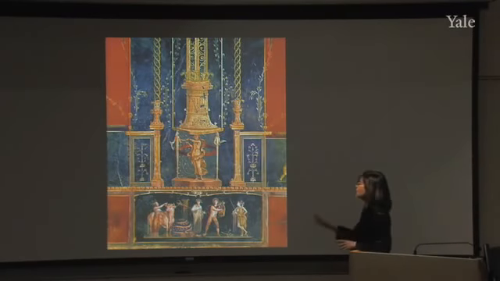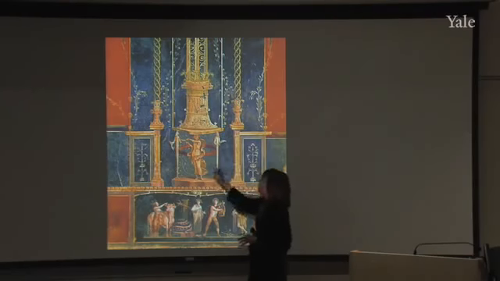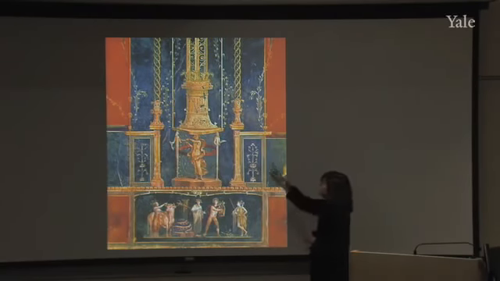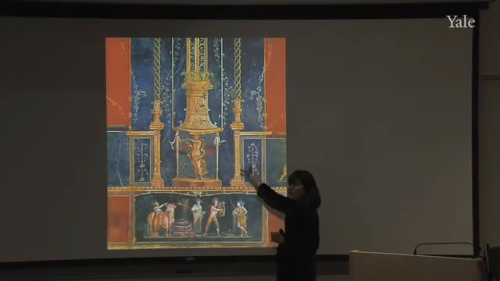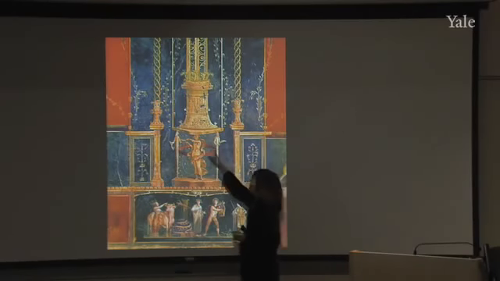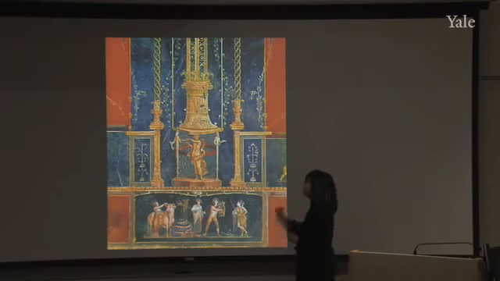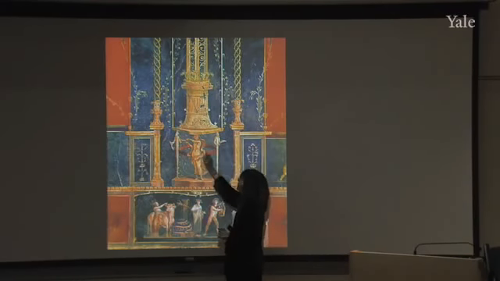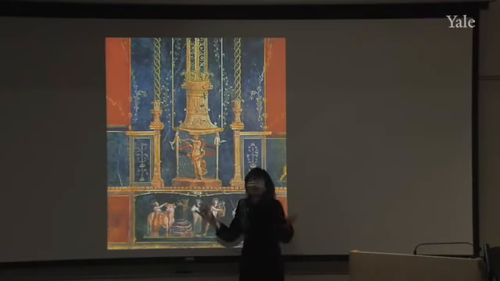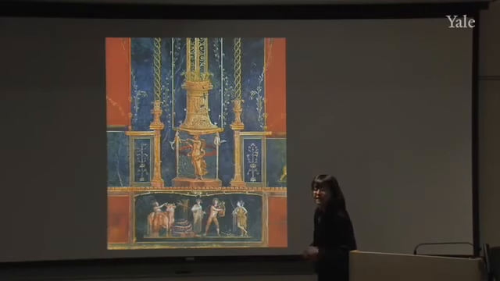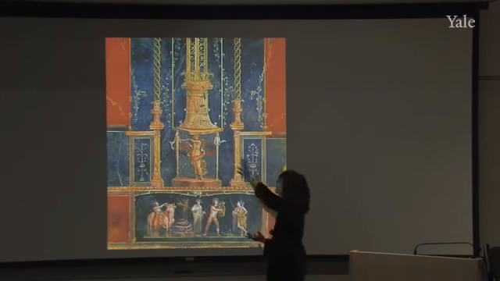These again are so interesting in detail. If you blow this up to the size that we see it here, you will see that this is that black background in between the red panels that we were looking at before. You can see all kinds of strange things going on here in detail. A female figure, semi-naked, is clashing her cymbals, dancing here, and she is supporting on her head the base of one of these colonnettes, as you can see here.